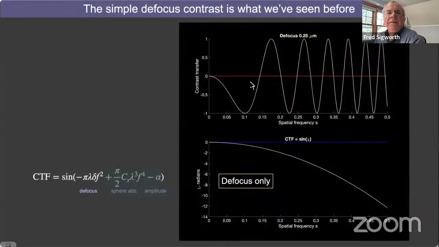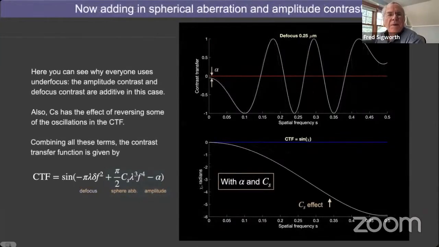Okay, so here's the plain vanilla defocus contrast transfer function. That's what chi looks like. There's the accelerating sinusoid. And now when we add these other terms, look what happens. So here's alpha. This is the amplitude contrast term.